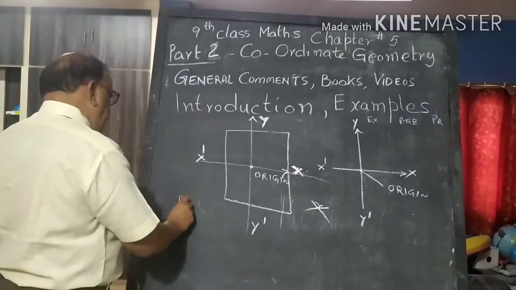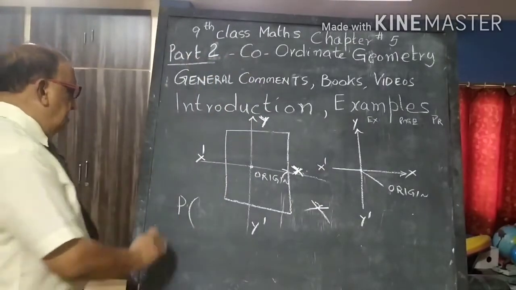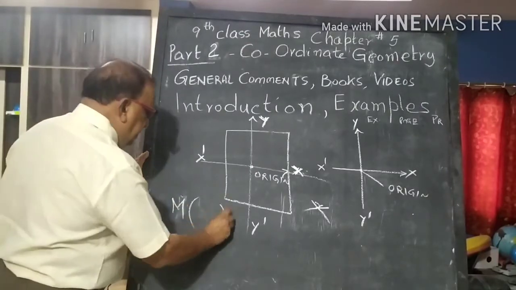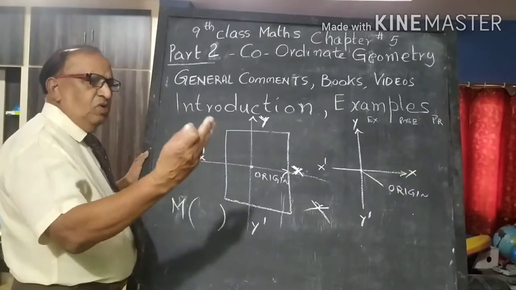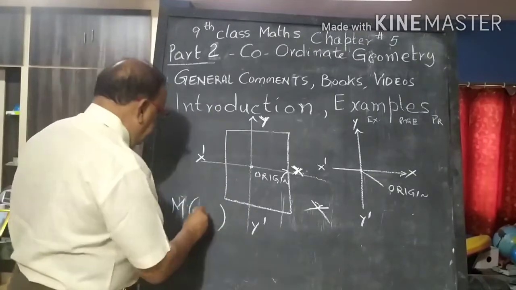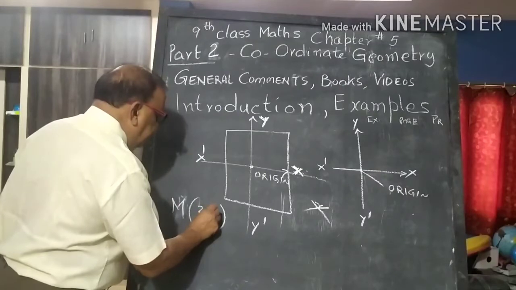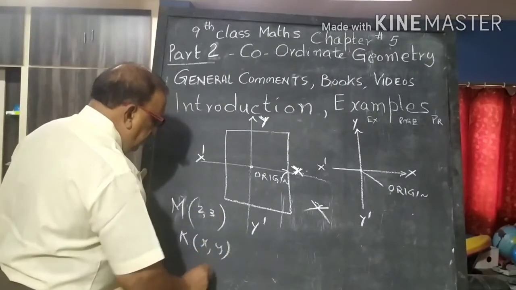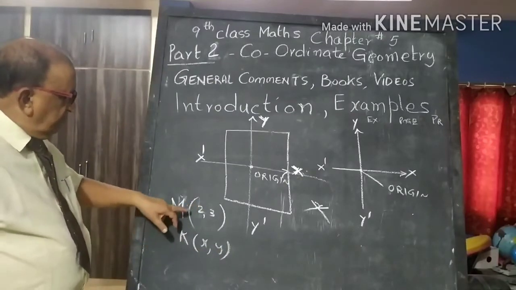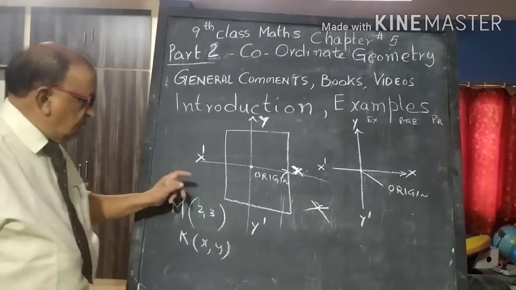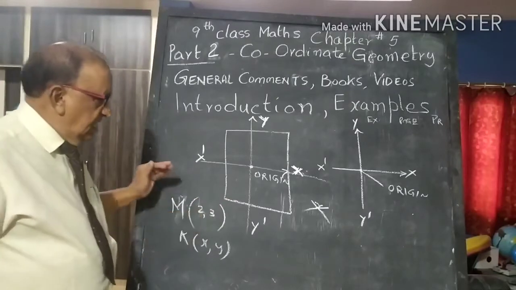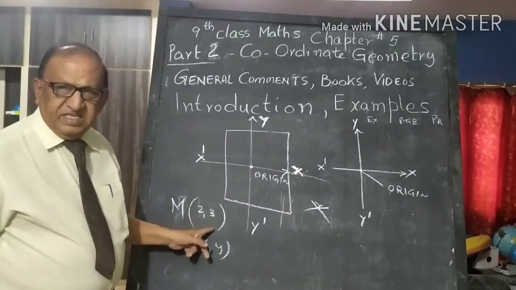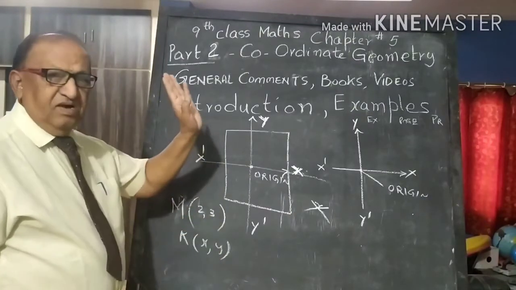Now, any point P or M or Q or R has to be designated by two numbers. That is, let us say M(2,3) or K(x,y). So the first number indicates the distance of the point along the x-axis, and the second number represents the distance of the point along the y-axis.